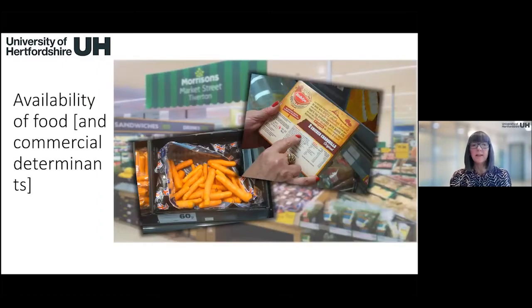In terms of the availability of food, this partly relates to commercial factors which are interwoven with the social determinants. So, for example, the density of food outlets in an area is different in a socioeconomically deprived part of our region compared to a more affluent area. This impacts what we all buy and consume.